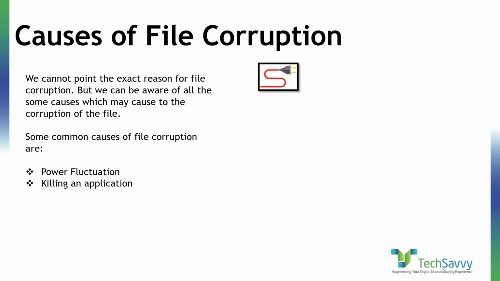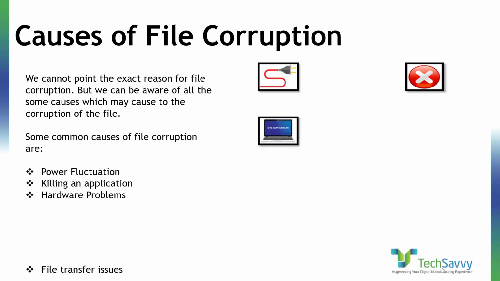This is also one of the causes. Hardware problem is another cause of file corruption. If you are changing your hardware instruments randomly, or sometimes working on a hard drive and your hardware dies, this is also one of the causes of file corruption.